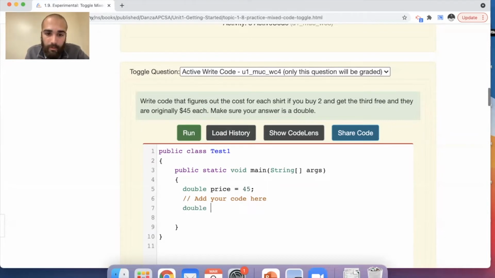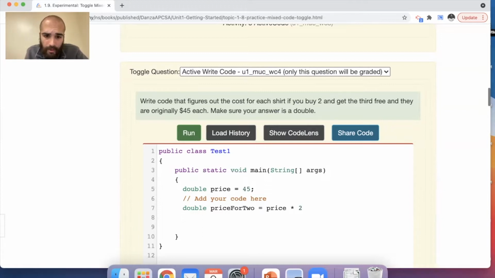So I'll say it's double price for two, and I'll assign it to whatever the price is times two. Or, I mean, you don't have to even create a variable there. I'm just doing what they've recommended in the past. That's kind of what they did when we mixed the code up. They wrote a variable. I'll show you one way and then I'll show you another.